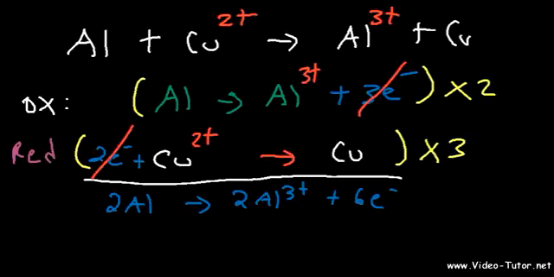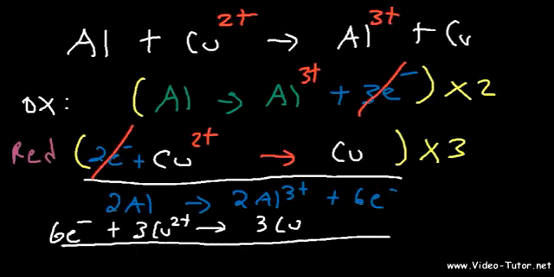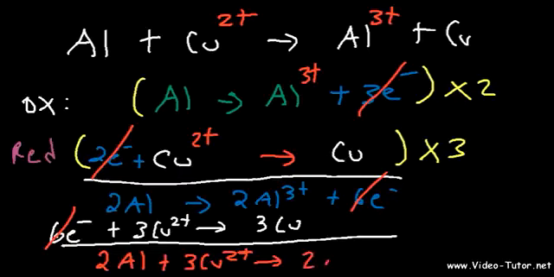And here we have 6 electrons, 3Cu2 plus, 3Cu. And now we're going to add the two equations. As you can see, these cancel, and then we're left with 2Al plus 3Cu2 plus. And on the right side, we have 2Al3 plus 3Cu.